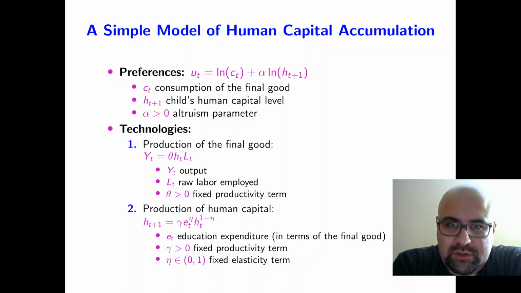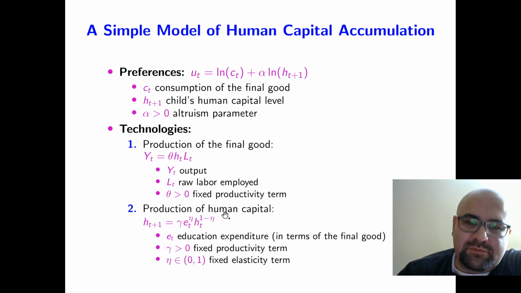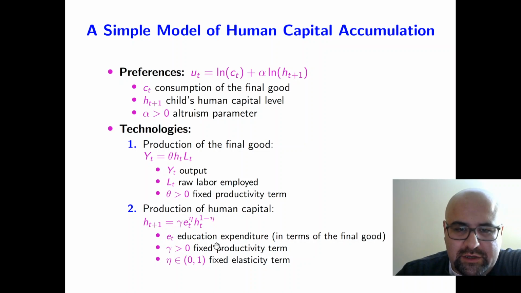Then the production of human capital, we have this production technology for that. So gamma here is, again, some fixed productivity term, but here it represents the productivity of the education technology, right? And ET is the education expenditure. So here we are assuming that this expenditure is made in terms of the final good, all right? And eta is a parameter here. It is a fixed elasticity term.